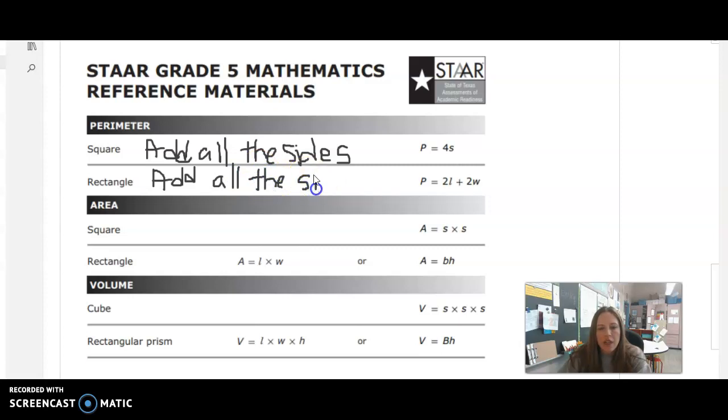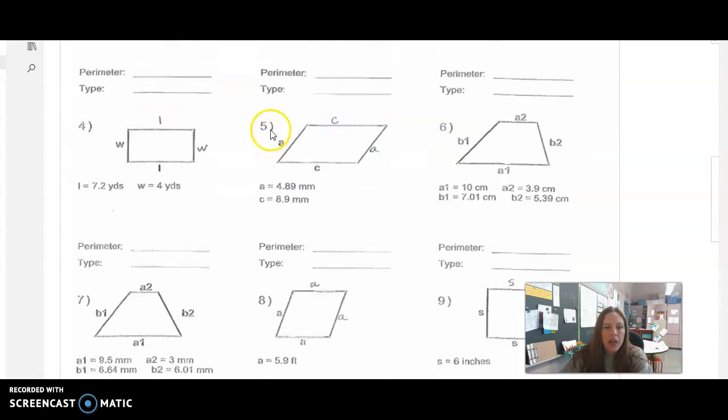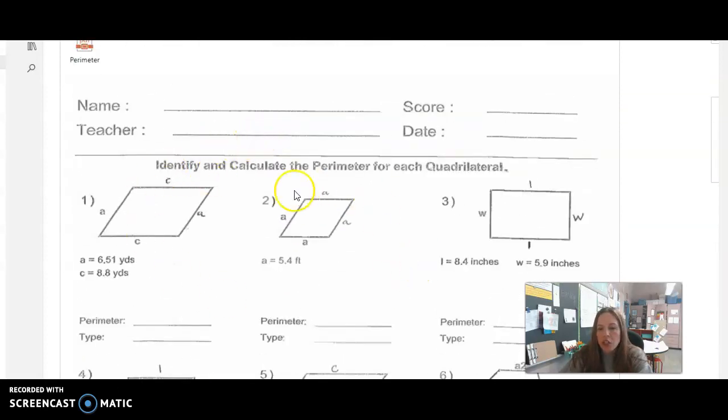And you can even scratch out these other formulas if you want to, because all I want you to do when we're practicing perimeter is add up all the sides. Okay, so that's what I want you to do when you see a question that talks about perimeter.